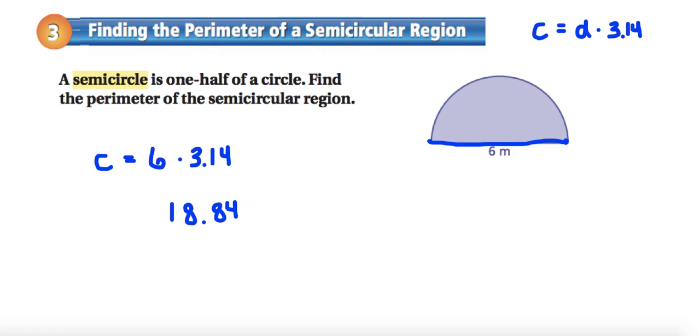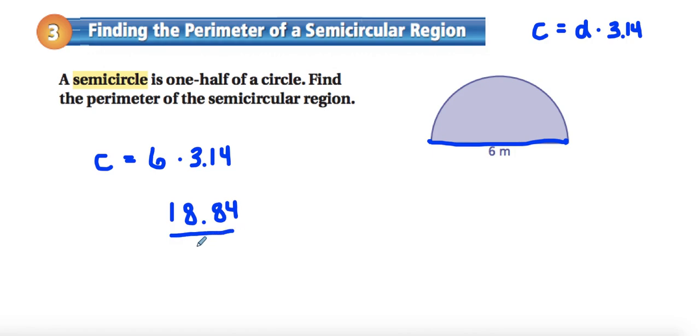But we just found the circumference of a full circle. This is the formula that will tell me if this circle was all the way shaded in, my circumference would be 18.84. But if we're only looking for half of a circle, what I can do with this value is I can cut it in half.